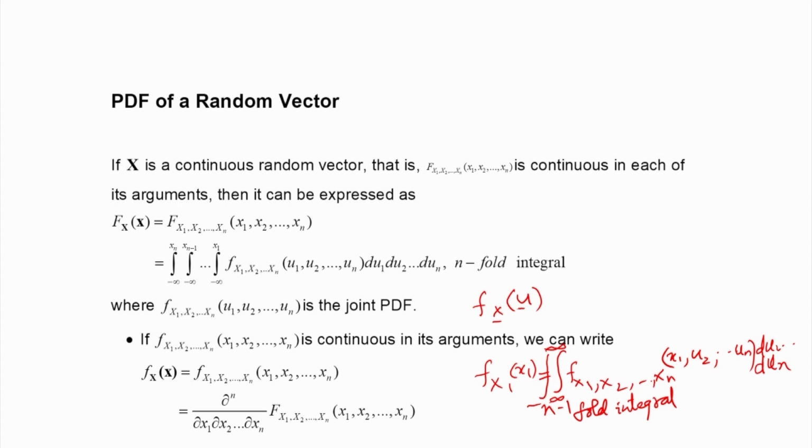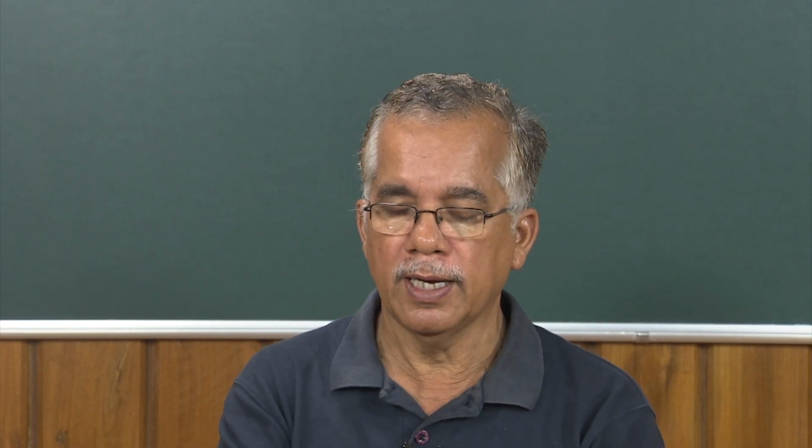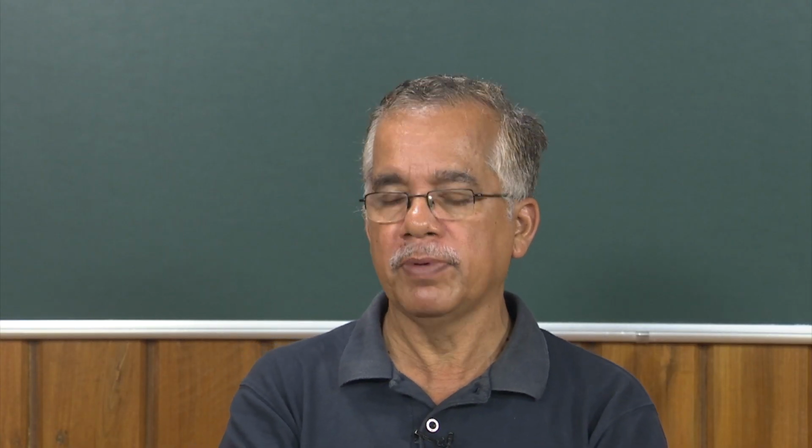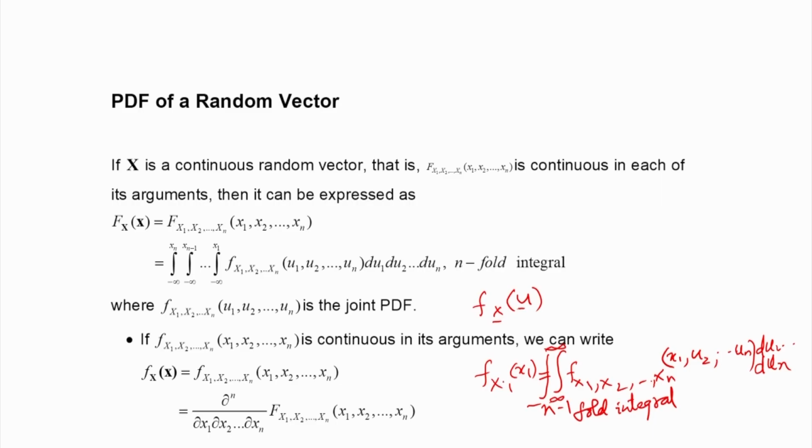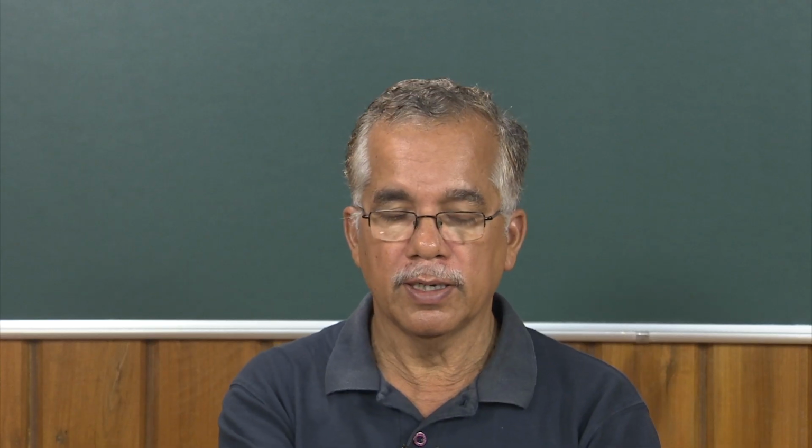So, that way we can find out any order joint PDF also. Suppose I want to find out the PDF f_X1X2 at point x1, x2, then we have to perform the n minus 2 fold integral of the joint PDF.